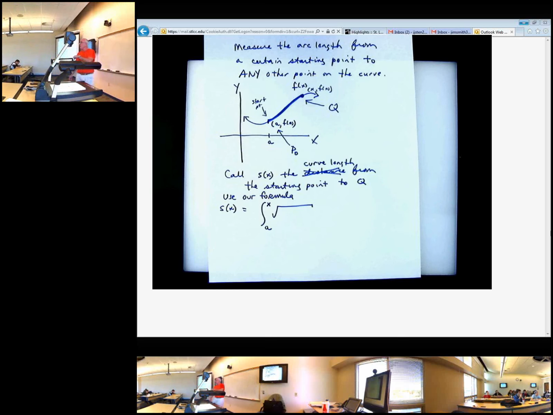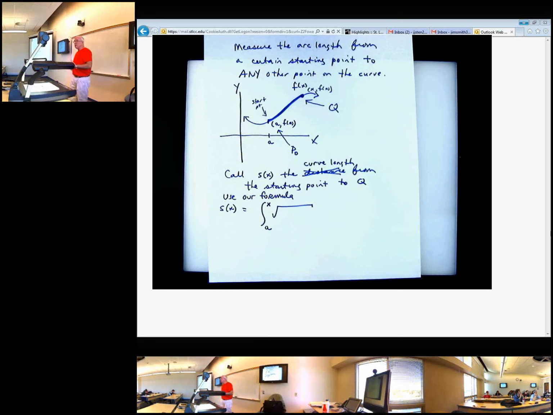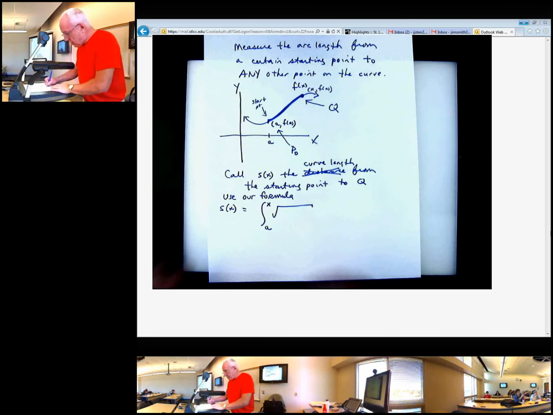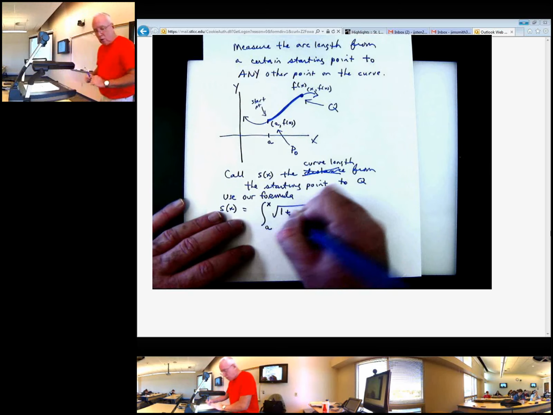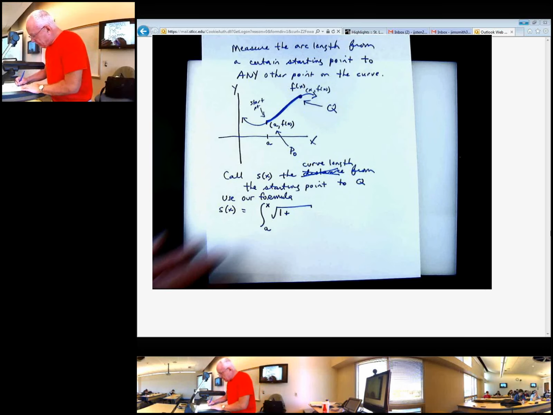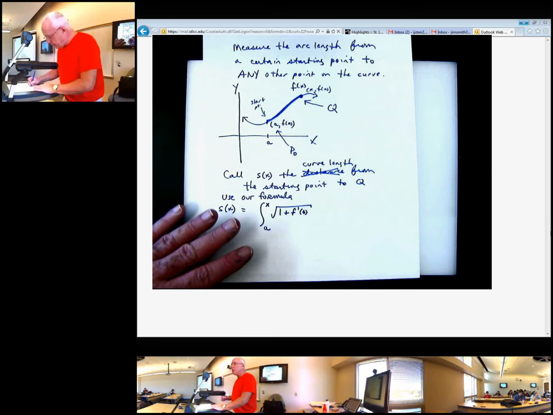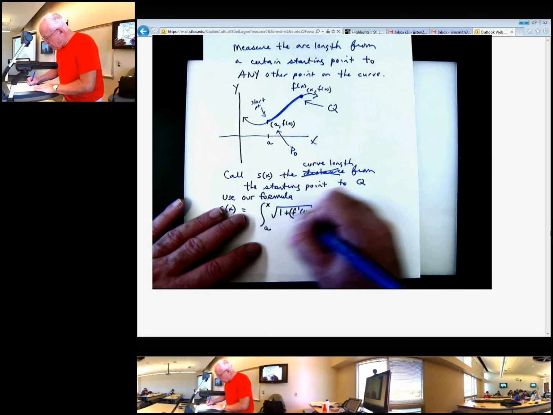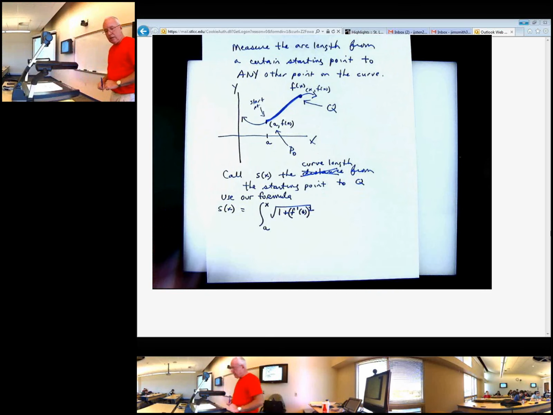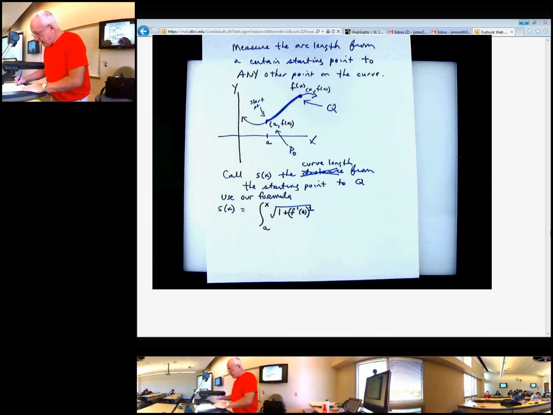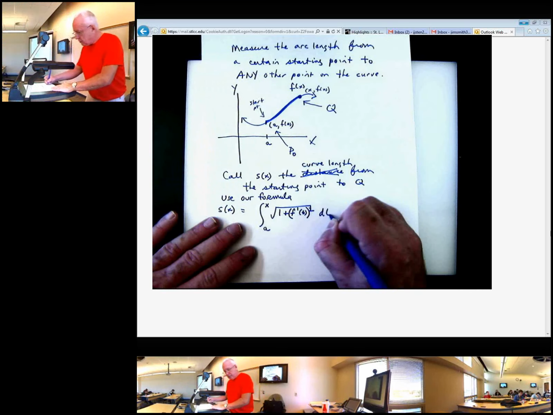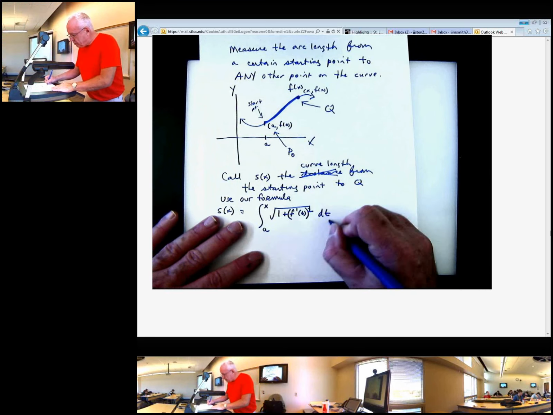Instead of calling our variable inside the integral x, we can call it t or some other variable name. So the formula is the square root of 1 plus the derivative of our function, squared, and then it's dt. So t is our dummy variable.